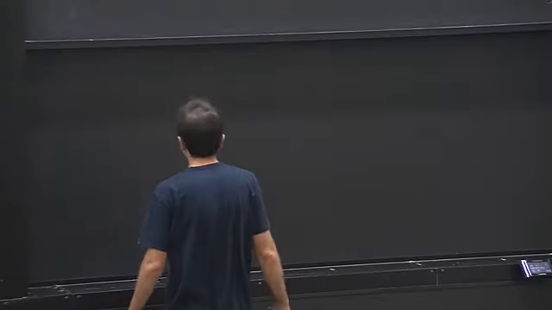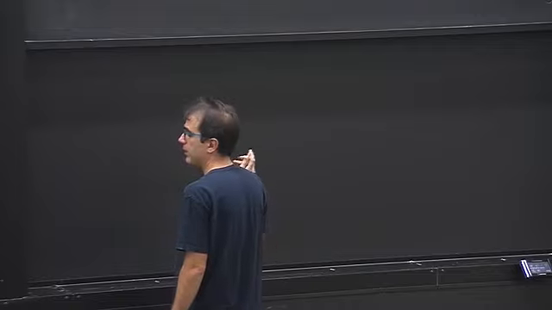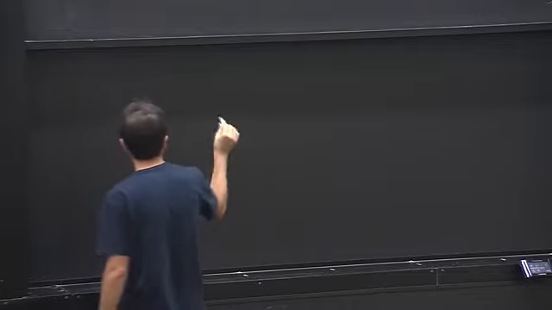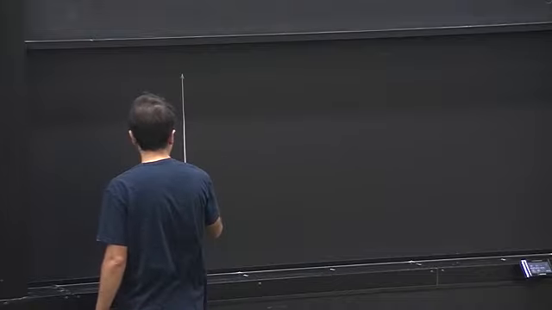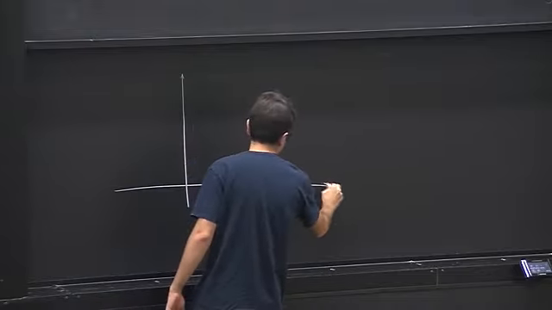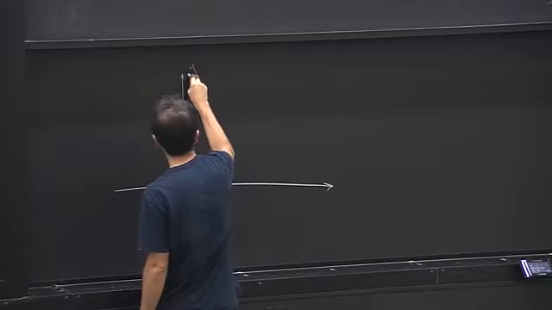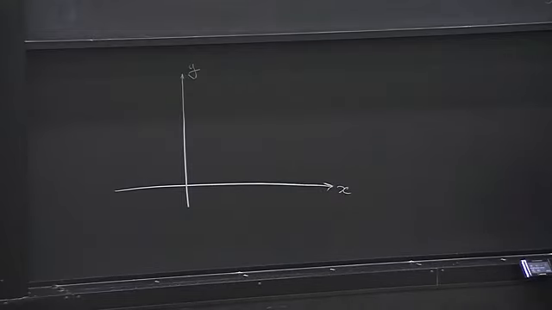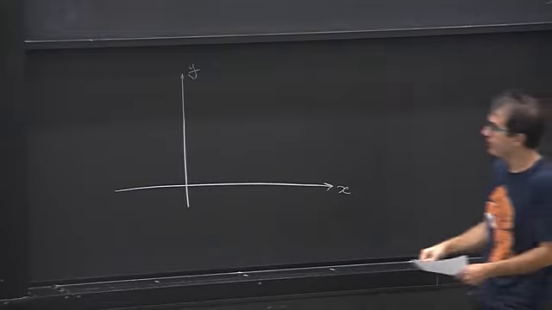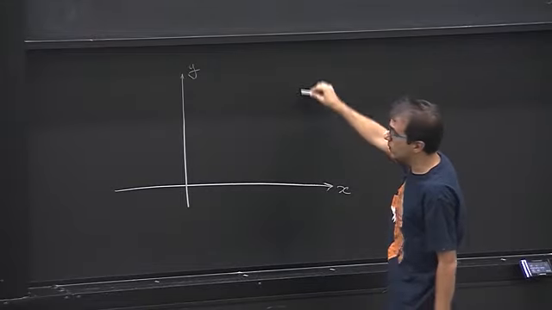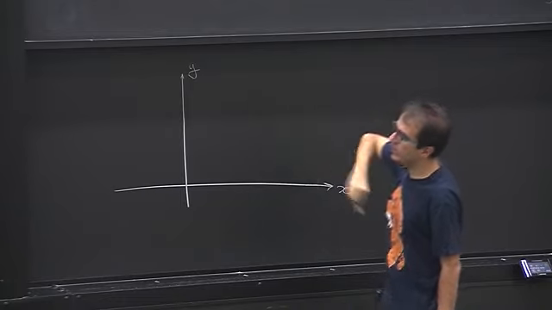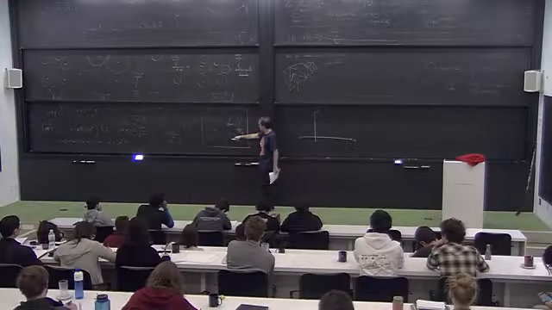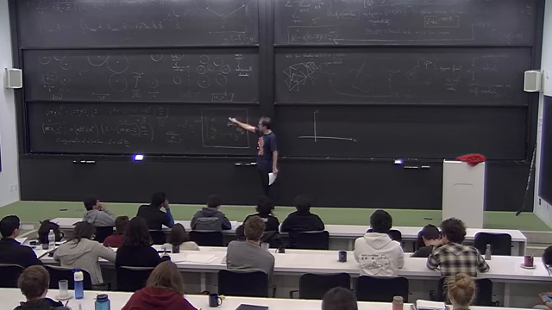So let me draw what happens to this differential equation. If this is y and this is x, let me draw the flow induced by this differential equation, and I'll draw it and then I'll explain it. So you see that if x and y are positive and big, these derivatives are negative.